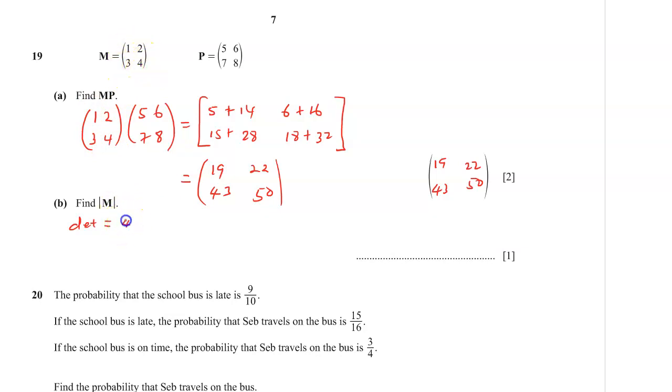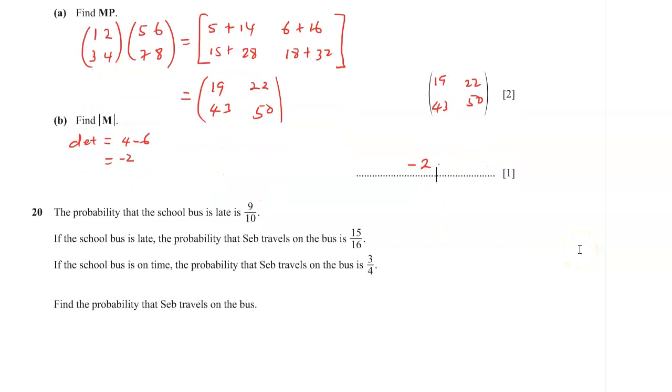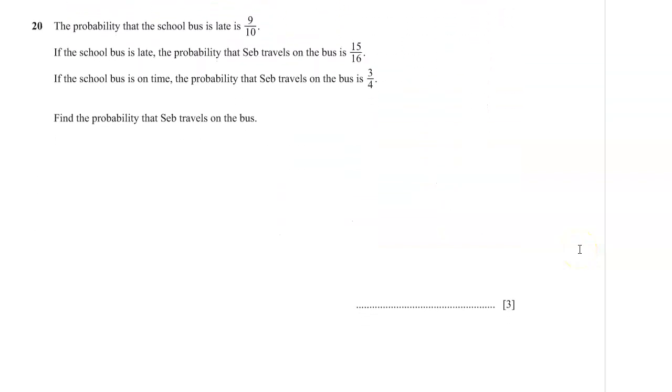So 4 take away 6 will give us minus 2. Therefore, minus 2 is our answer right here.